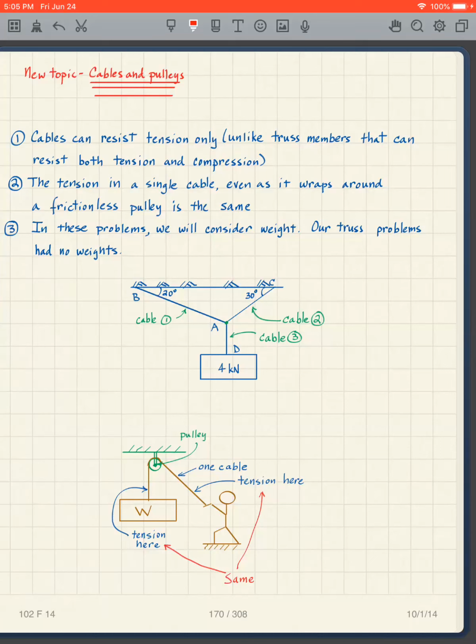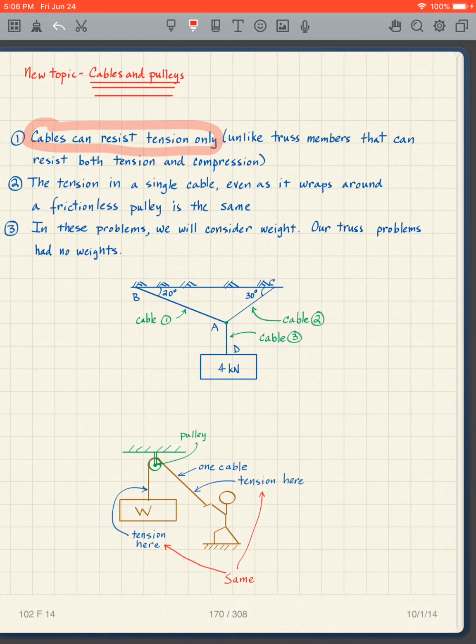Okay, the next topic in this class, new topic, is cables and pulleys. You are familiar with cables, and I will talk about pulleys, but a few basic facts about this subject matter is, first of all, we know that cables can resist tension only.